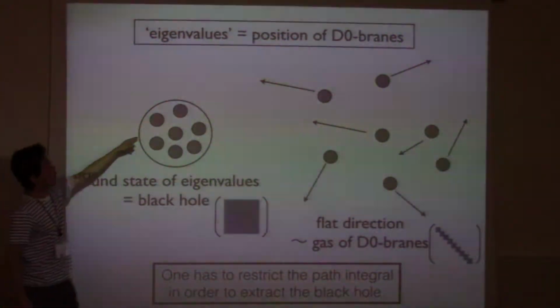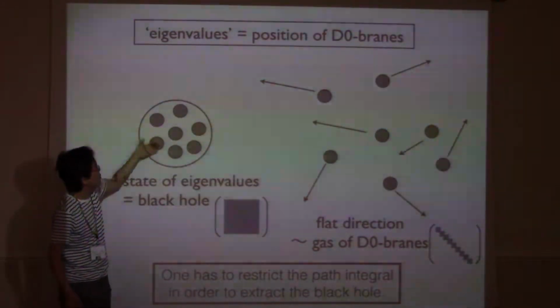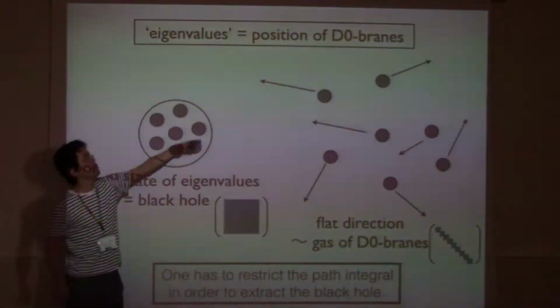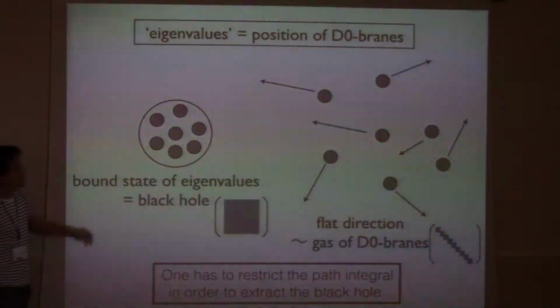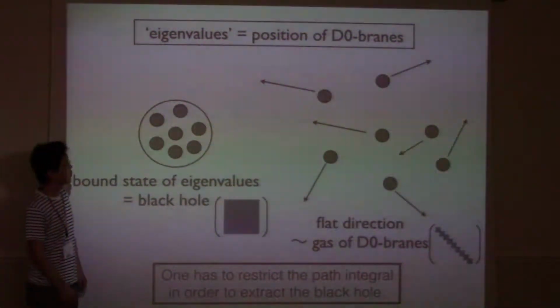If the branes are sitting close to each other and connected by open strings stretched between them, we have a bound state of particles on strings, and that is a black hole. In terms of matrices, it's fully excited matrices.